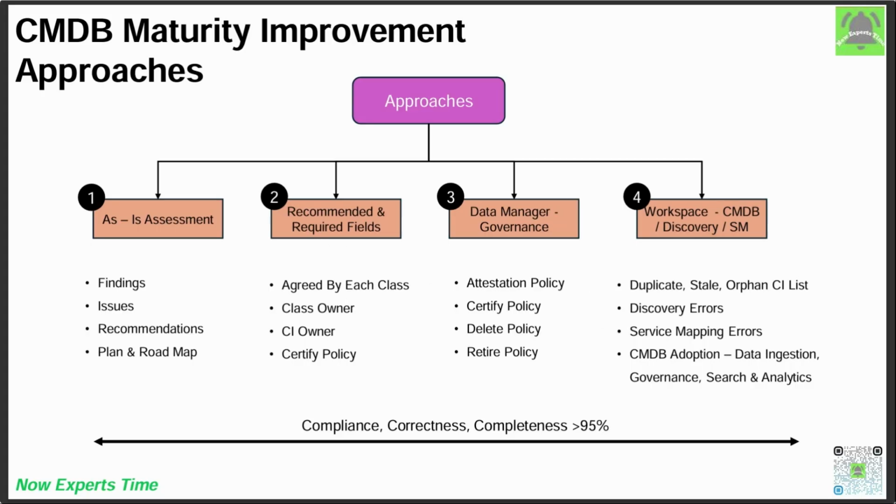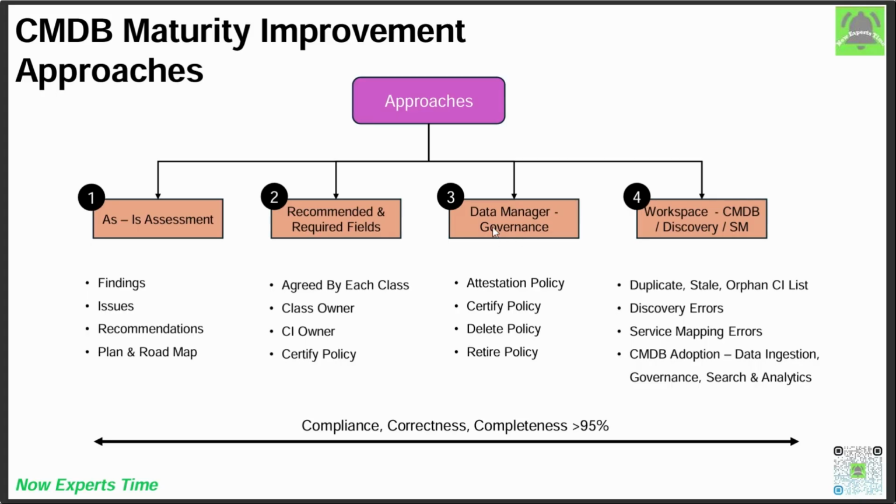On the ServiceNow side, they already have out-of-box capability. The only thing is we need to do the configuration and check whether the CIs are attested or not, whether it is a retired CI or not, whether I need to certify the CIs or not. Those types of capability are already there. You can use those policies, which is called data manager governance.